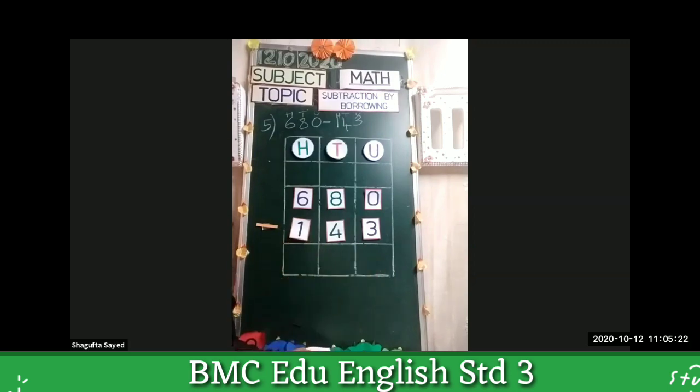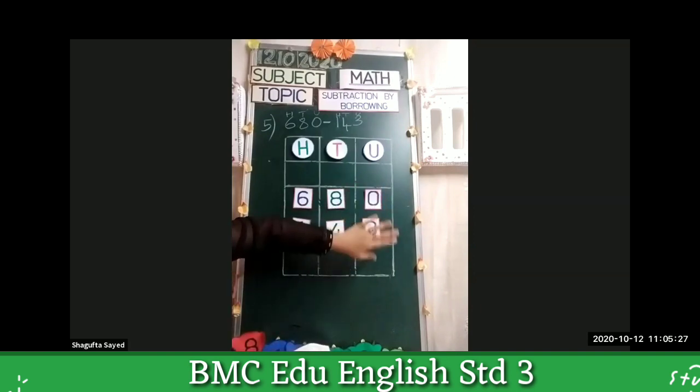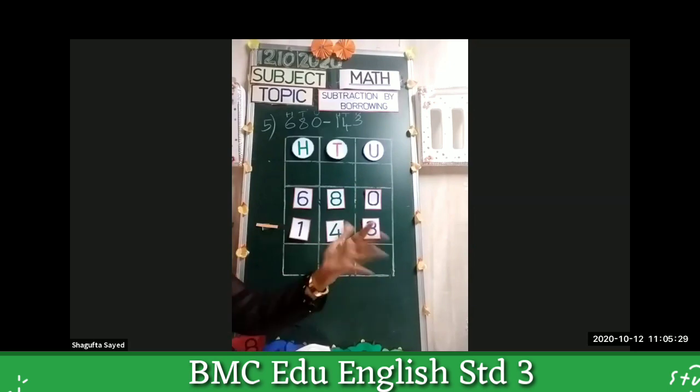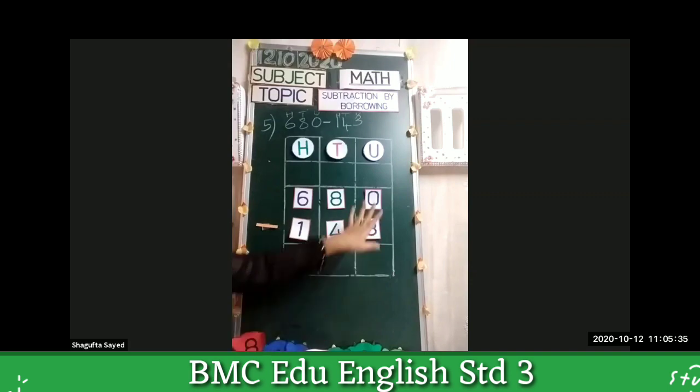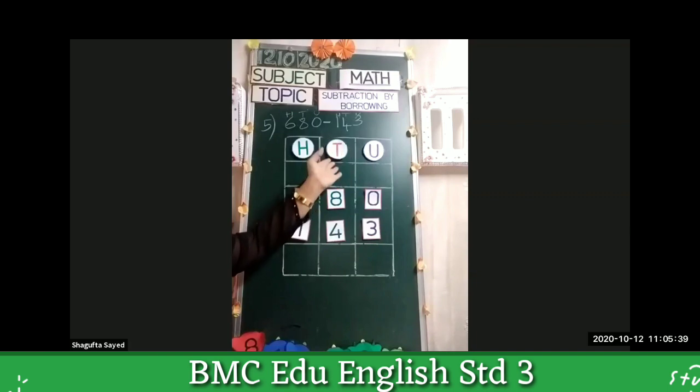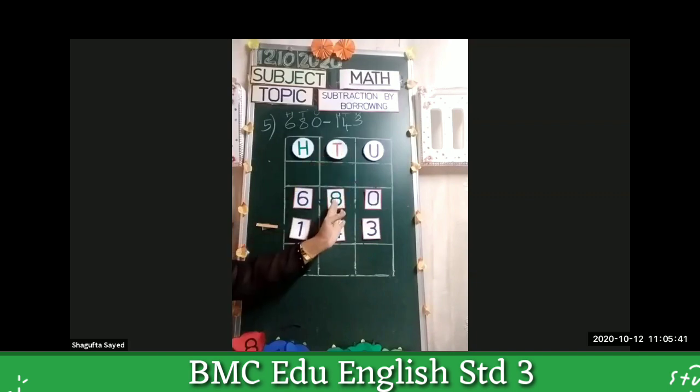Yes, absolutely right, kids. We are going to start solving from the unit side. Now, from 0, I cannot minus 3. Now, what should I do? I cannot minus 3 from 0. What I can do is borrow from my friend. I can borrow from tens. Now, in tens, which number is there? 8 is there.